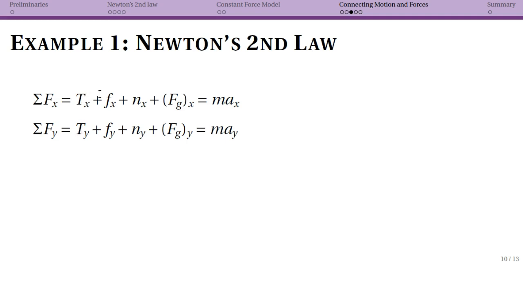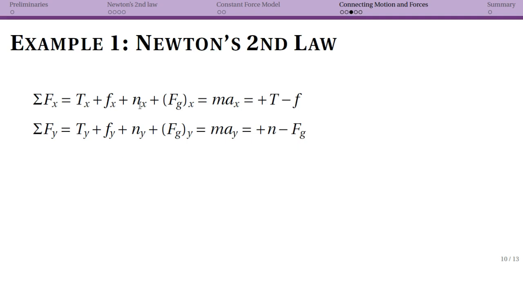So you have the x components of each of the four forces. Now, some of these are going to be 0. That's okay. But note that you then get your x component of acceleration here. So that's super important. Again, please make sure that every single thing has an x subscript, and that's one reason to be careful with your subscripts. So you do that for x, you do that for y.